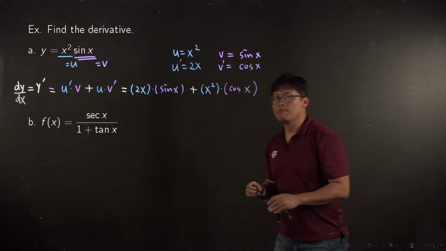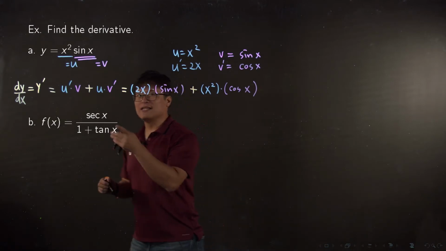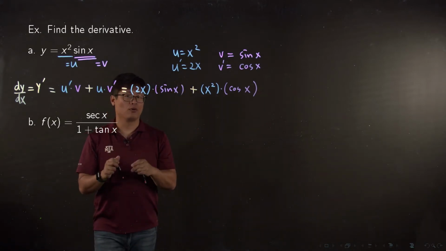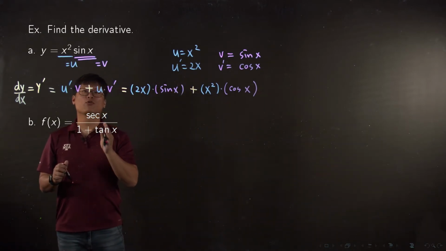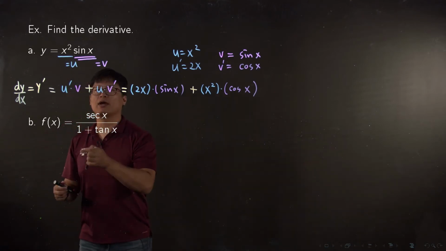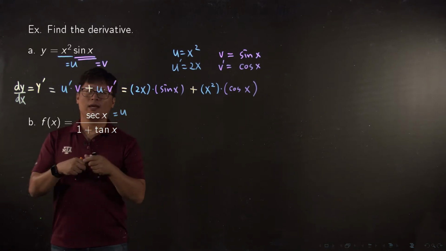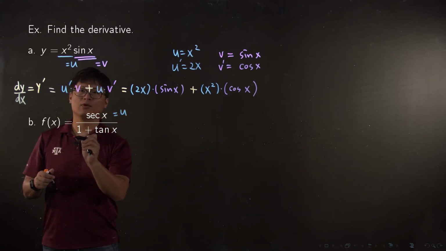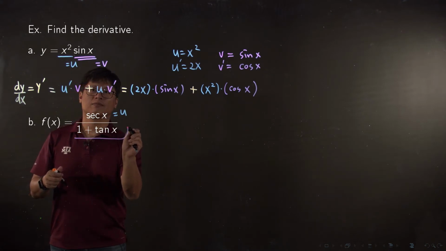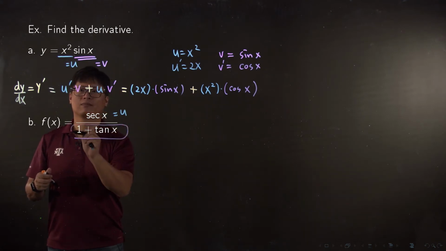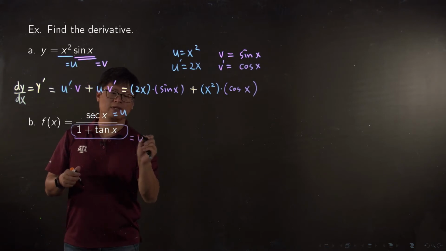And what about problem B? As you can easily figure out, it is quotient form, fraction form, so we have to use the quotient rule. Let's do the same thing. Let's say your numerator function is u and the whole denominator function, this guy, is v. Now we're ready.